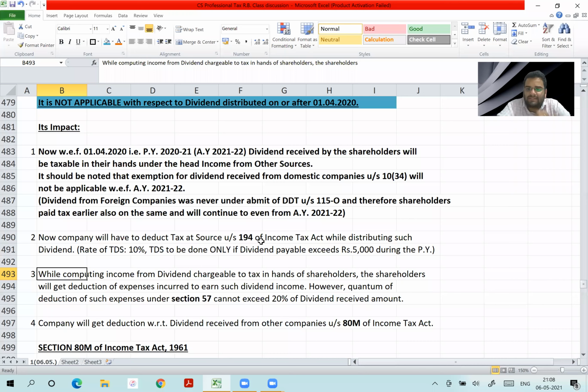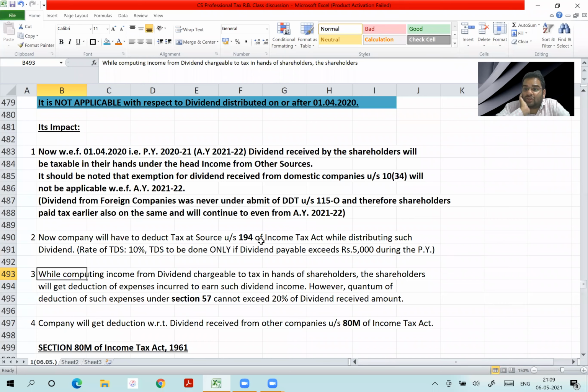No. Exactly. So what I have to do is, each time I have to take the entire dividend under which head? Each time as an individual assessee, this entire dividend will be taken under the head income from other sources. It will form part of GTI.